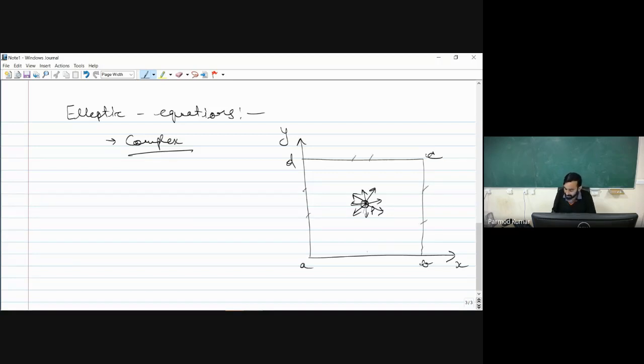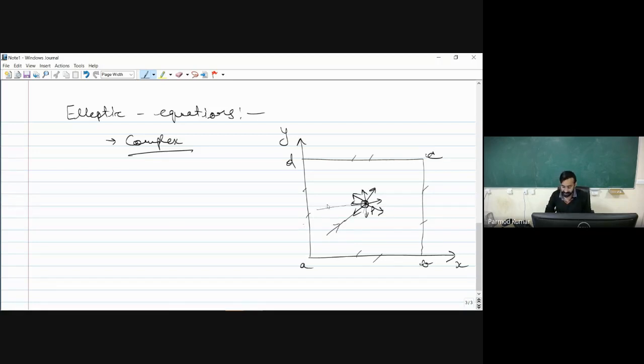Similarly, the other way around, the values of properties at all the boundaries will affect the property we obtain at point P. So the transfer of information can be from inward to outward, or from outward to inward, depending upon the nature of the boundary conditions we have.